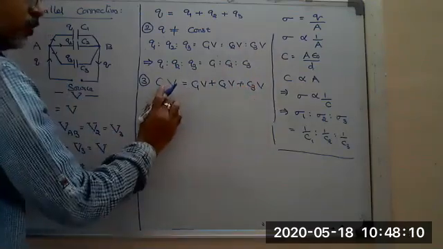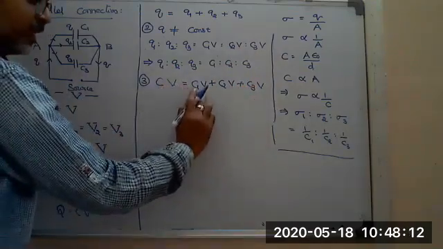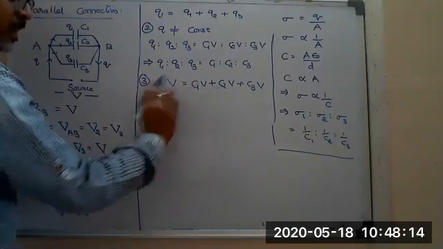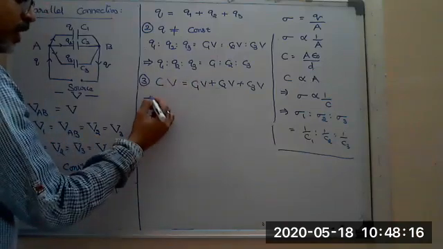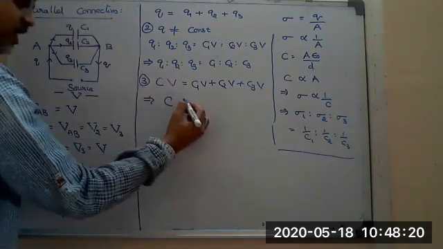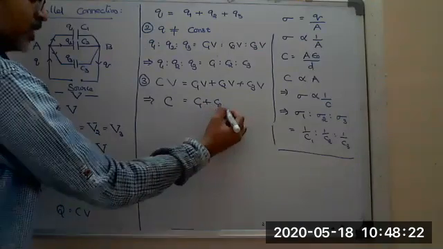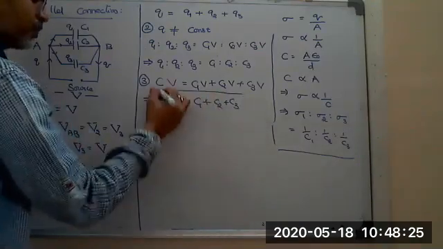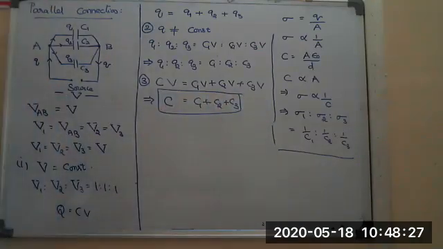Now you can understand: by taking V common, V gets cancelled on both sides, and finally you get the effective capacity in parallel grouping equals C1 plus C2 plus C3. This is the third point.